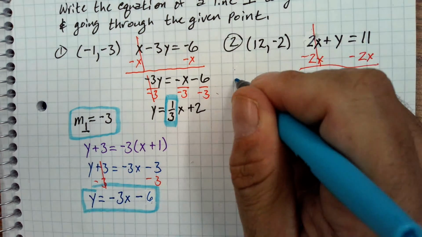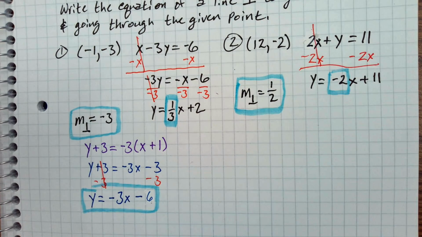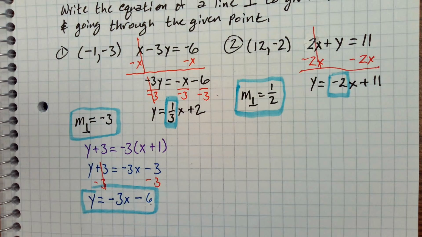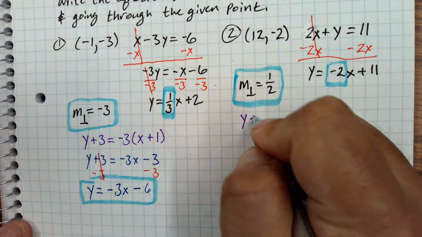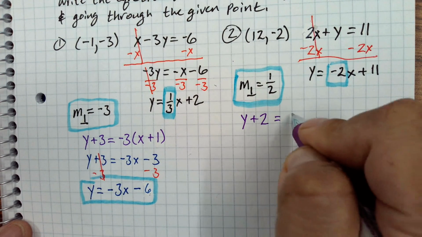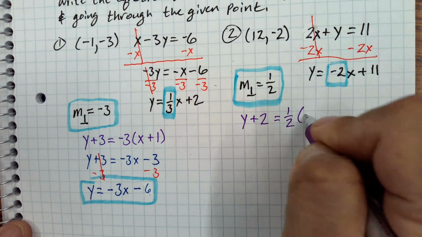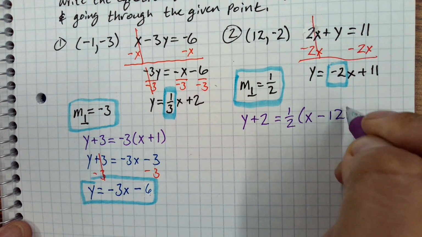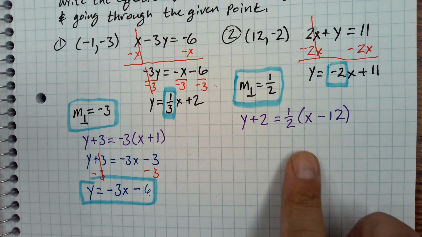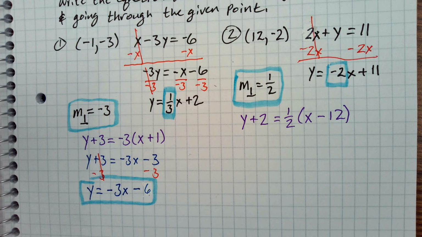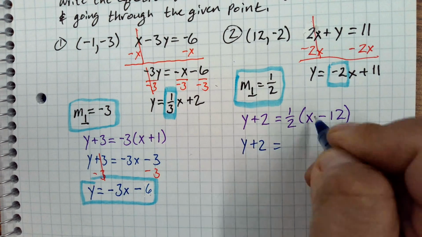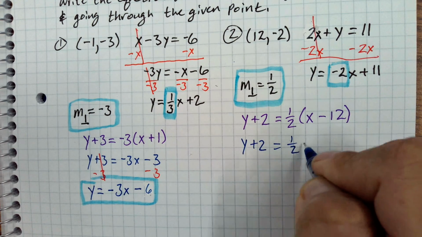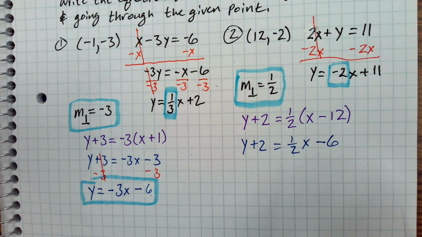So let's take that slope and that point and put it into point slope. So y plus 2 equals 1/2 times (x minus 12). And let's solve that one. We want half of this, so it's 1/2 x minus 6.